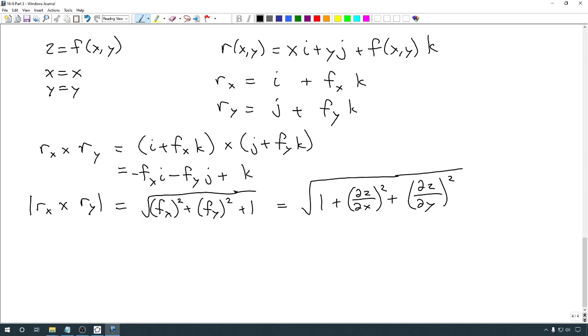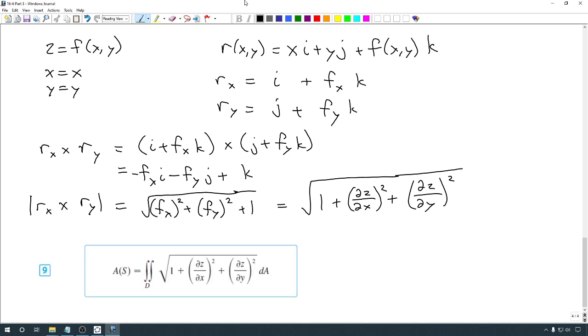And we can go ahead and then put that into our formula. Keep in mind that we're going to be integrating this over some region D in the xy plane. And we get that the area of that surface is the double integral over that D of this expression.